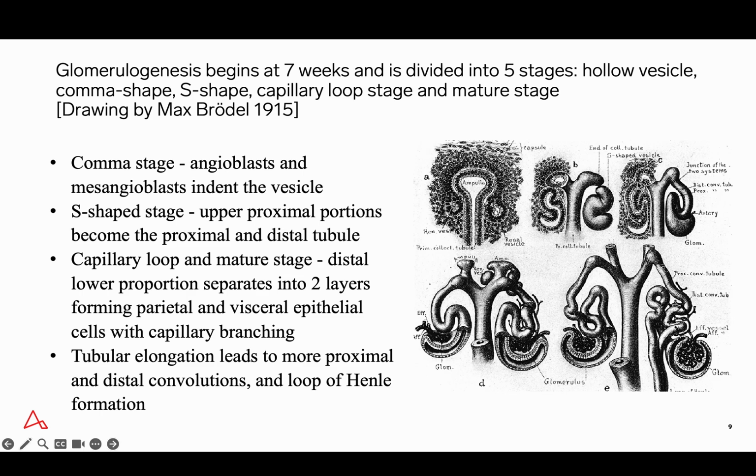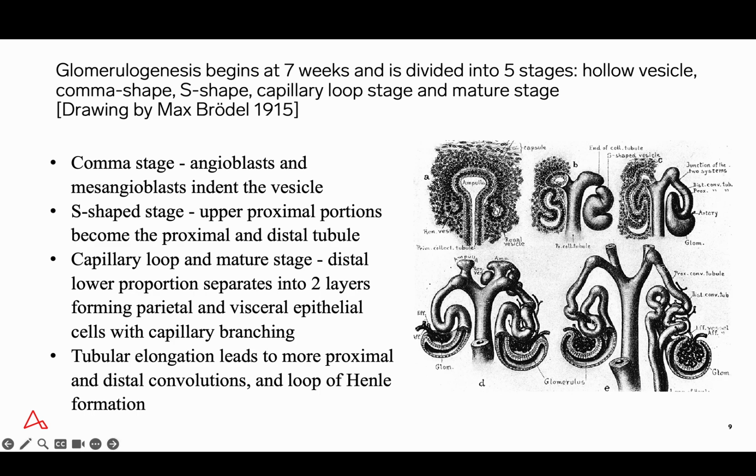In the S stage here, shown on the upper right, there is extension of the tubular portion, forming the initial phase of the proximal and distal convoluted tubules, while in the capillary loop and mature stage, the lower portion of the S phase separates into 2 layers, the parietal and visceral epithelial cell layers.